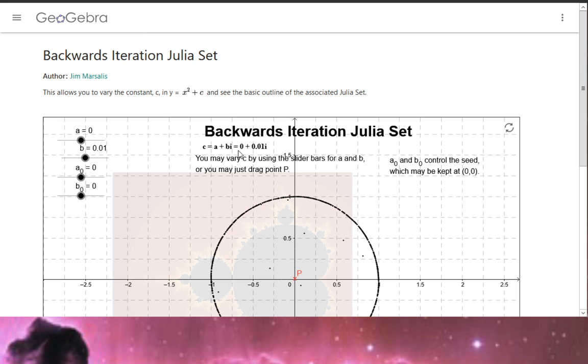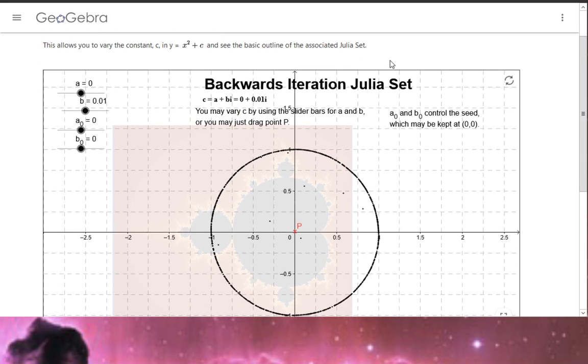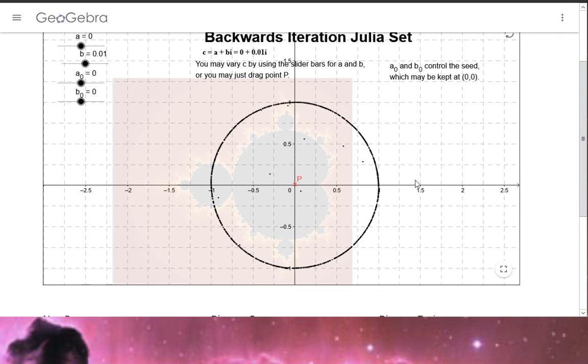This is the c value, and so the Mandelbrot set, as you can see in the background here, is actually, I think, a 2D projection of a three-dimensional object, and I want to put that to music somehow.